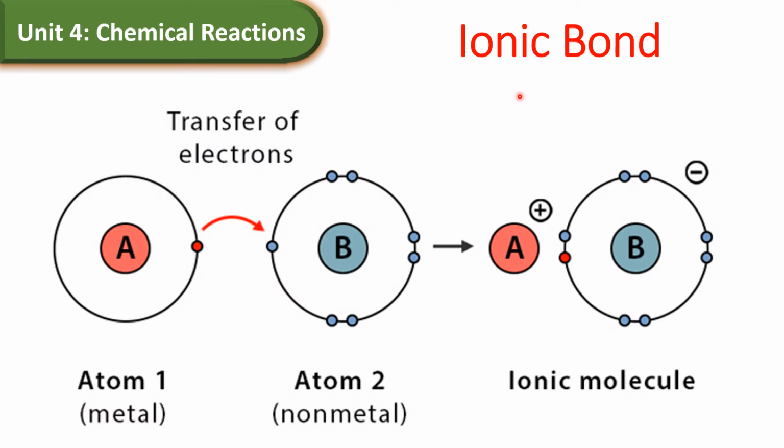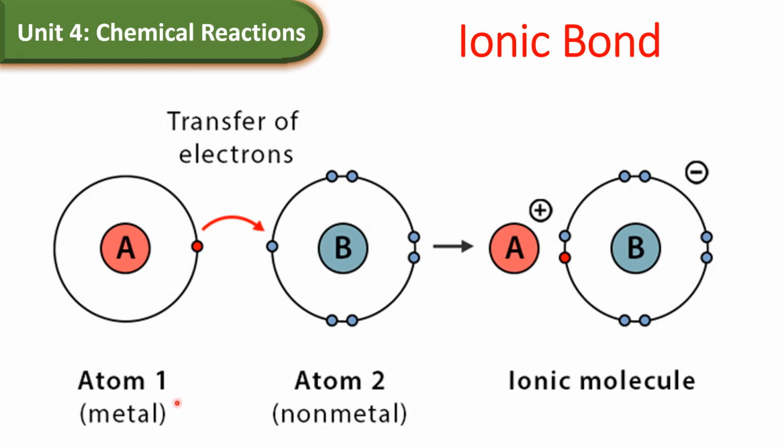Just a review of your ionic bond. We have here 2 elements, element A and element B. Remember that in an ionic bond, you have a metal and a non-metal bonding. For example, in your metal we have sodium, and in your non-metal we have chlorine.